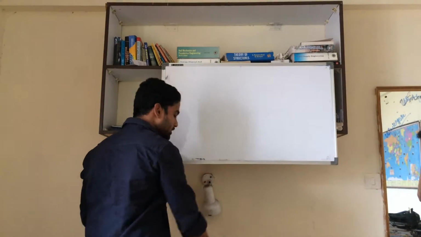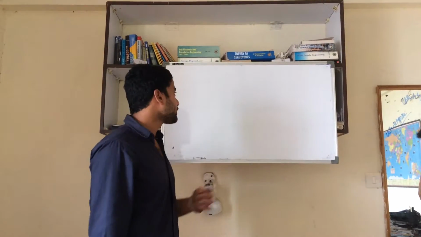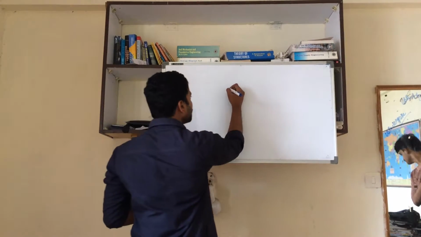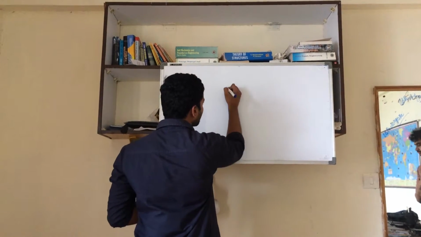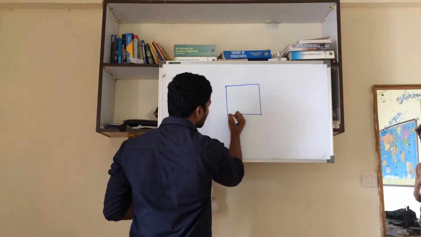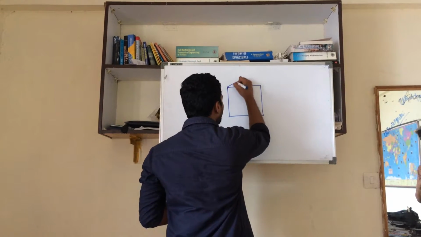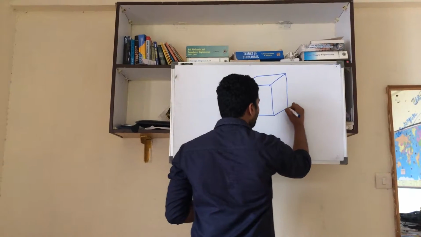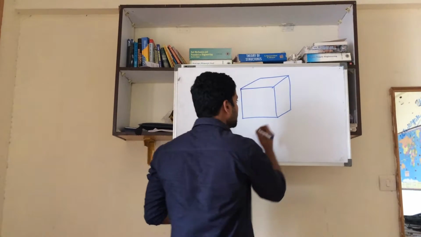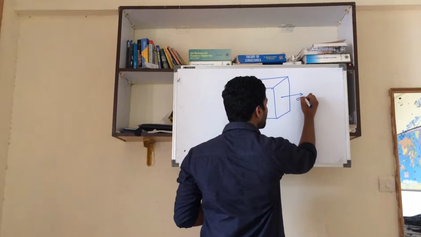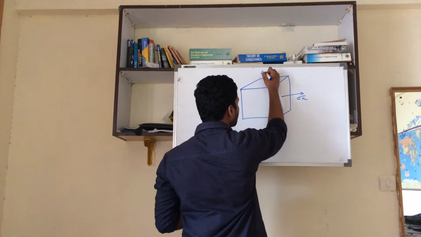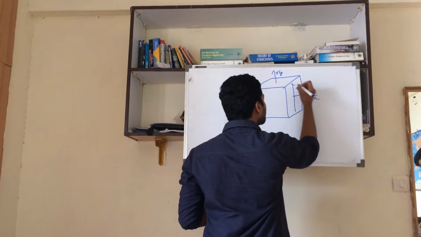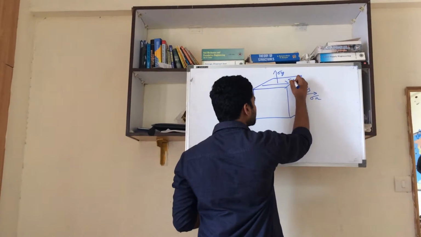Now we will be discussing stress transformations and Mohr circle. What exactly are these things? If you consider an element of the stress, the stresses on this element would be sigma x in this direction, sigma y in this direction, tau xy in this direction, and tau yx in this direction.